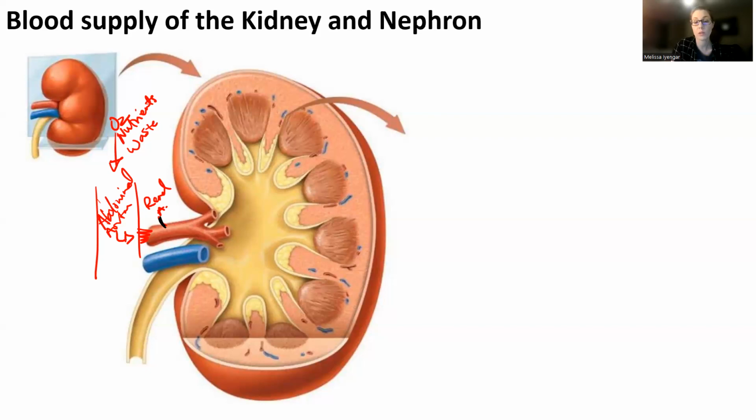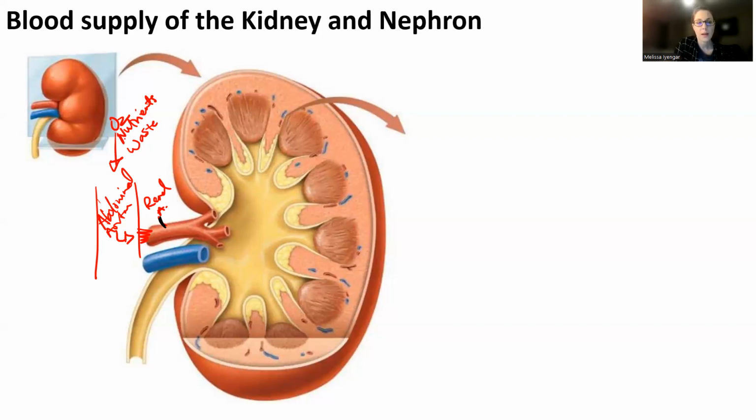It gets transported from the inferior vena cava into the right side of the heart, goes to the lungs, where you're going to exchange carbon dioxide and oxygen. So once you pick up oxygen, now you have to deliver that oxygen-rich, nutrient-rich blood around the body. So it still contains waste. It's going to contain waste until it gets filtered through the kidney.